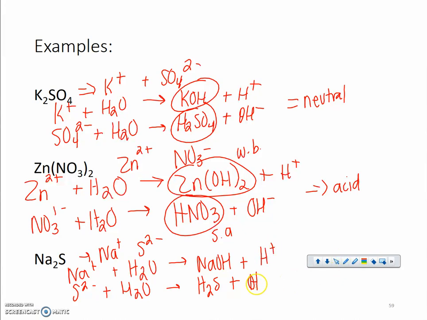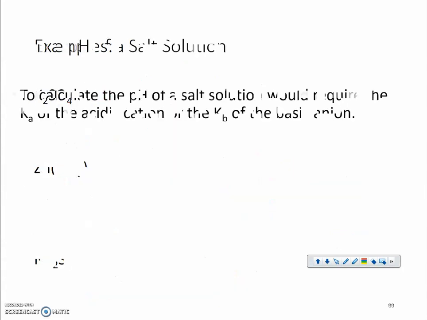H plus, this is OH minus. So we form a strong base and a weak acid. So strong base is going to take precedence. This solution is going to be basic. So it's a good way to tell what is going to form.